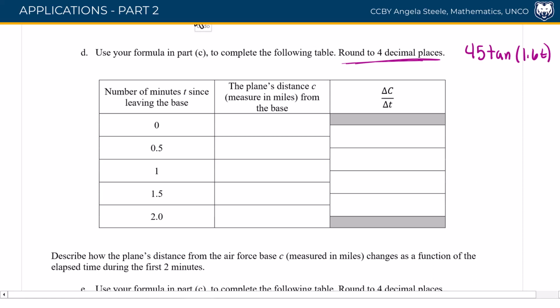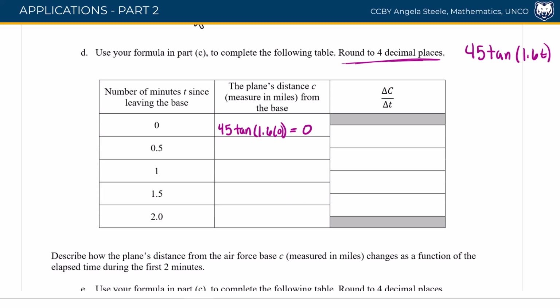So I'm just going to do the work right here. When we have an input of 0, we get 45 times tangent of 1.6 times 0, right? So we're plugging in 0 for t. When you plug that into your calculators, you're going to get a solution of 0.